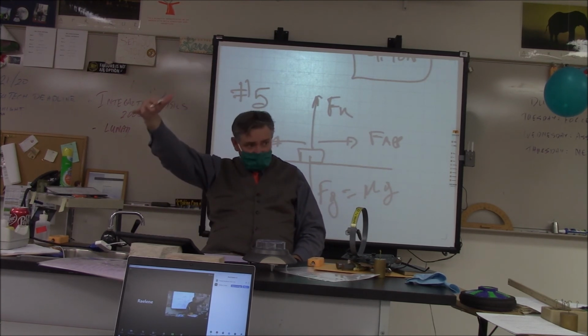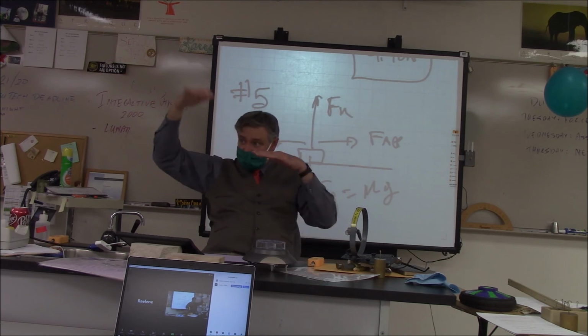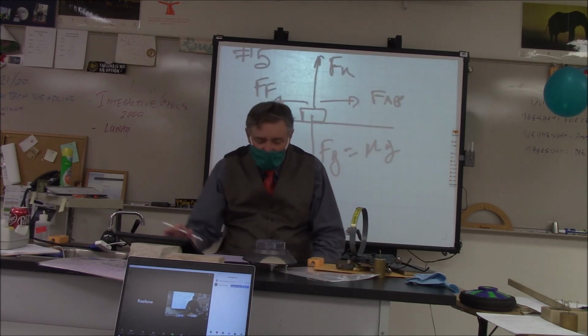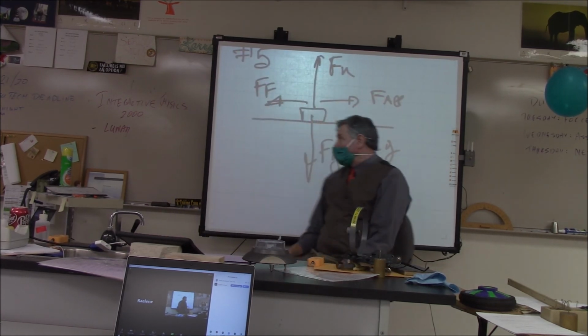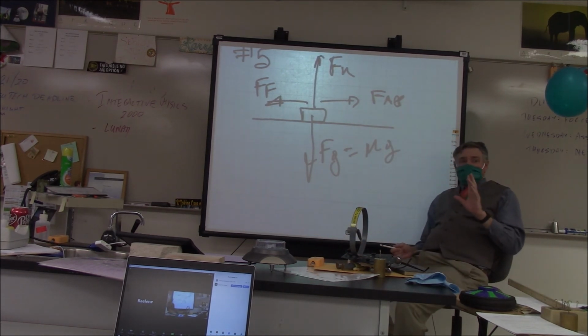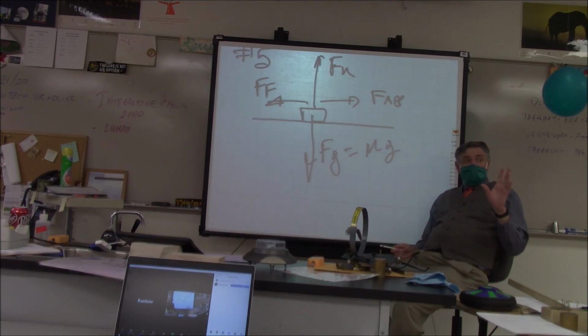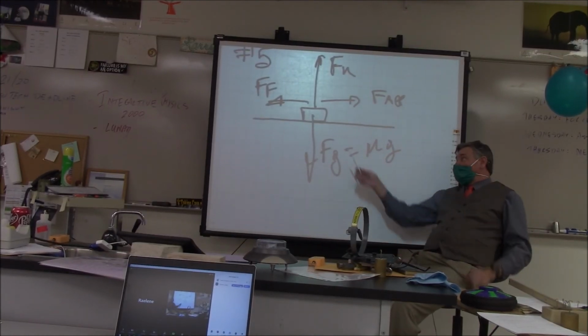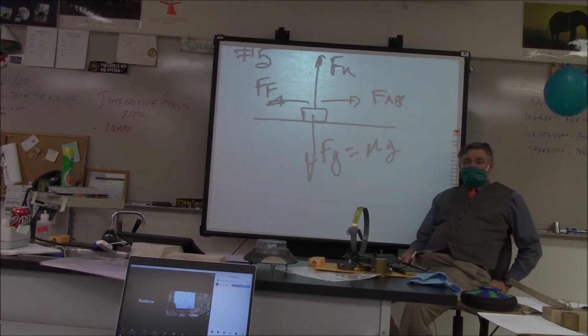That's going to also give me my normal force because it's sitting on a flat surface. So here's the deal. I've also given you mu, right? So mu is 0.380. Knowing mu, how can I find the value of my frictional force? Multiply it by the force normal. Right.